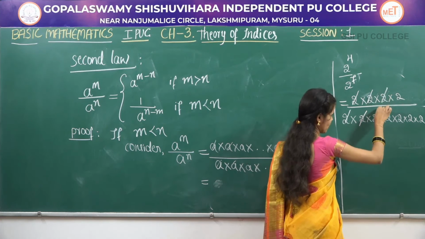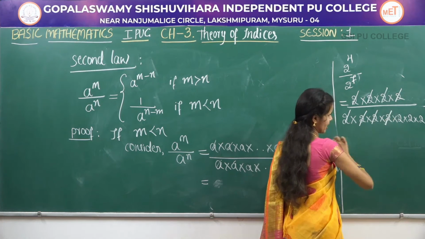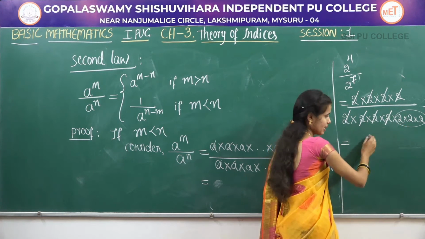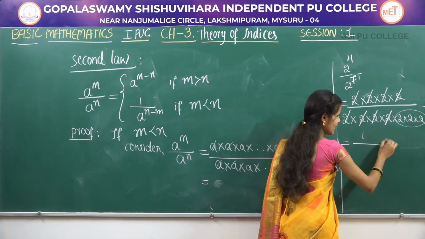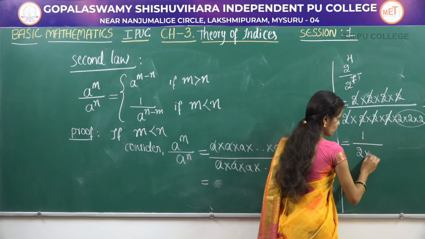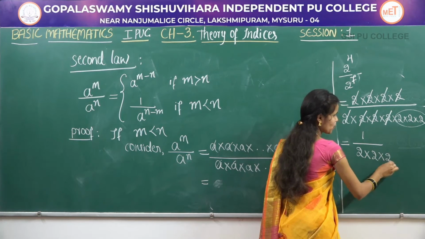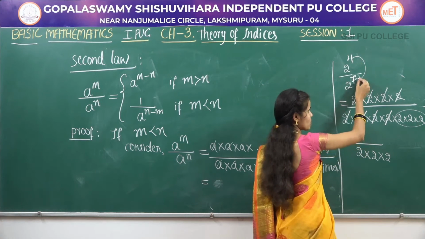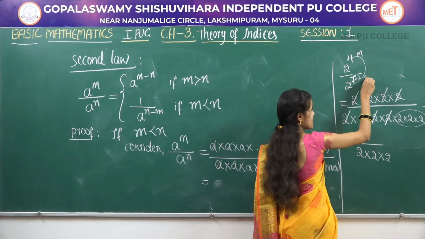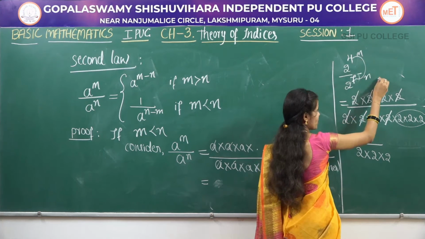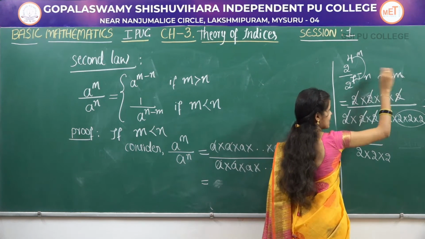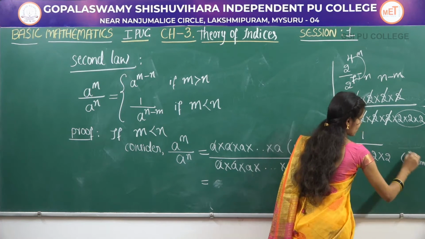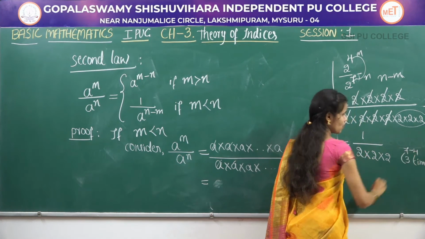In the remaining terms, the numerator is 1 and in the denominator we have 2 into 2, how many times? 3 times, which means 7 minus 4 is 3. So this is m, this is n, and 7 minus 4 means n minus m times.